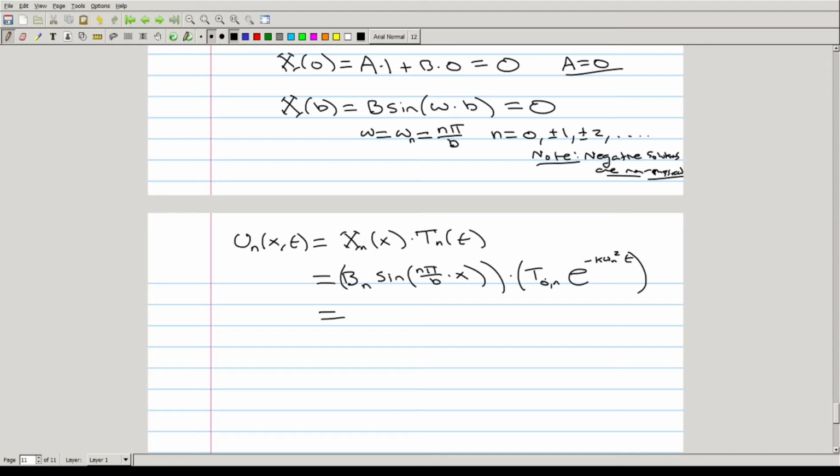Right? T naught here is an arbitrary constant, depends on initial condition. Same thing with bn, so I'll just abbreviate this entire thing as lowercase bn.